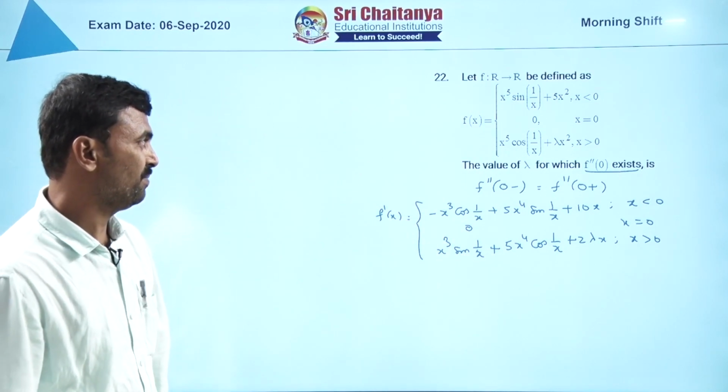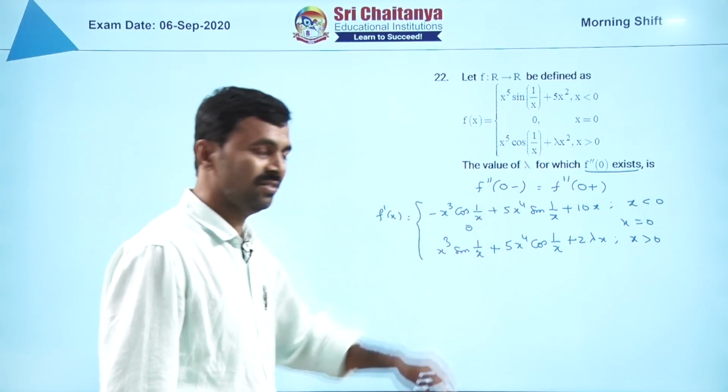This is f dash x, but I want f double dash x.